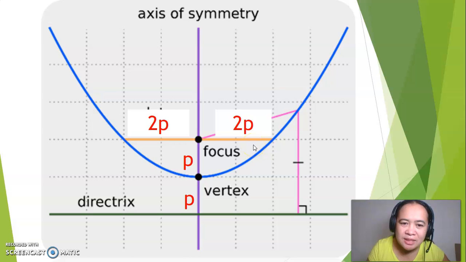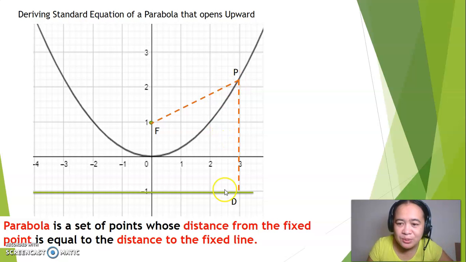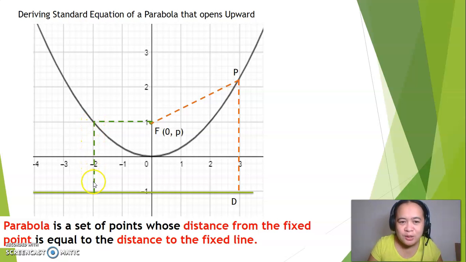Now going back to the definition of a parabola, in which it is a set of points whose distance from the fixed point is equal to the distance going to the fixed line. Now take note, suppose we have point P here, meaning F to P should be equal to P to D. Or if I have another set, F going to this point, that's 2 units, so therefore going down is also 2 units.